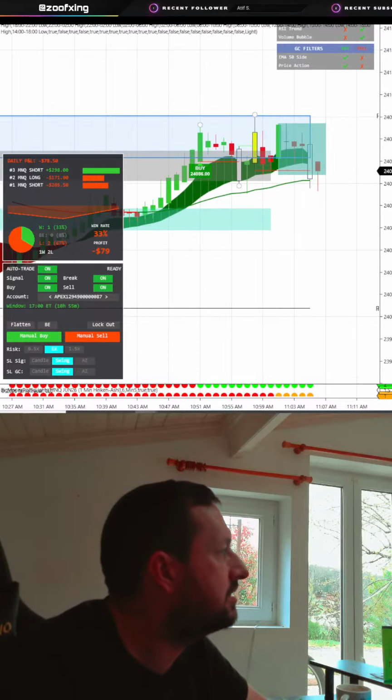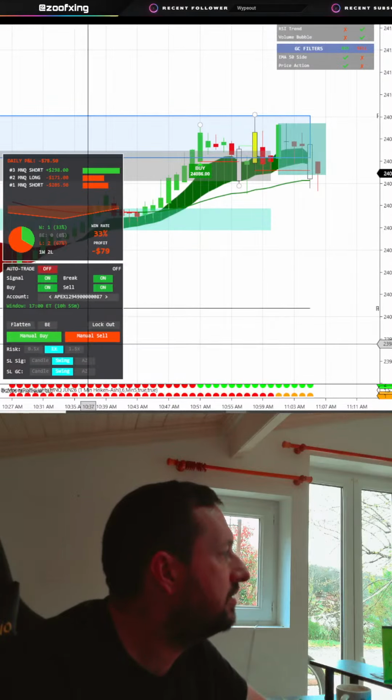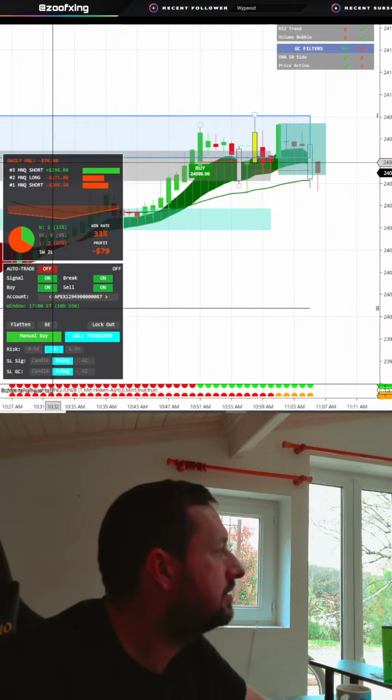Let me just check this works. If I turn this off, set a manual sell. Where is it using the stop? Swing point will be at the top, that's fine. Let's see. Will it work?